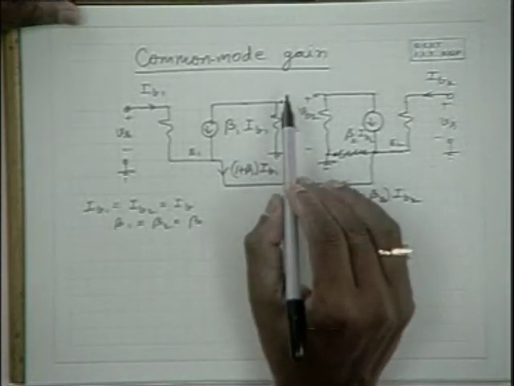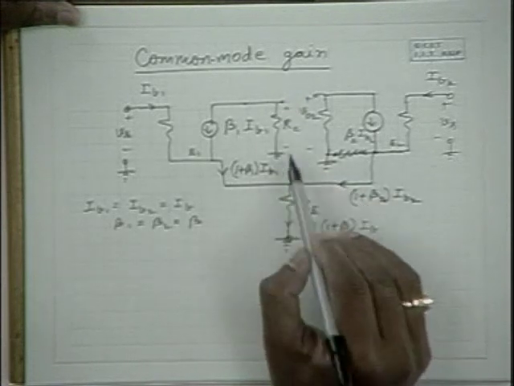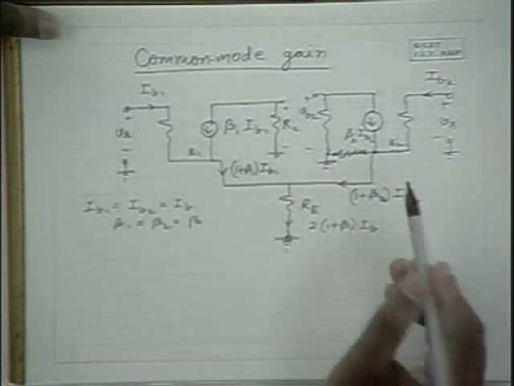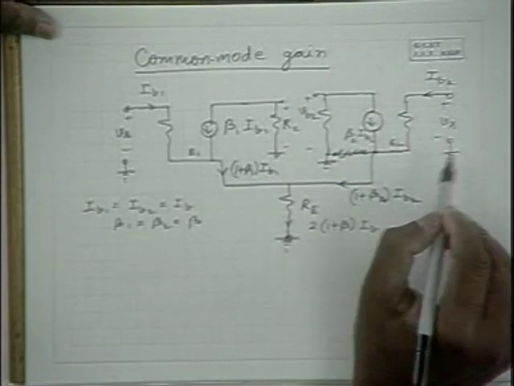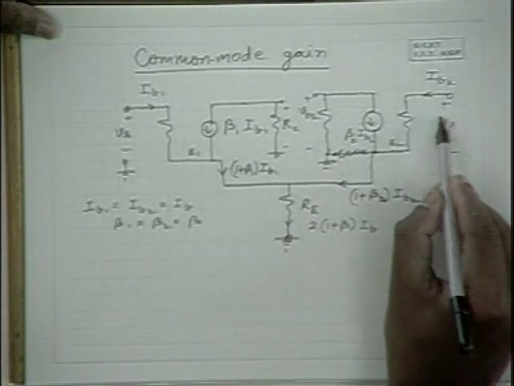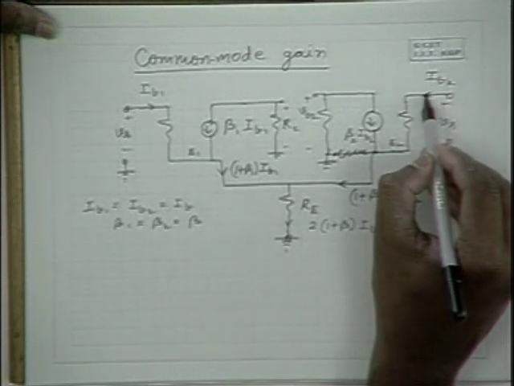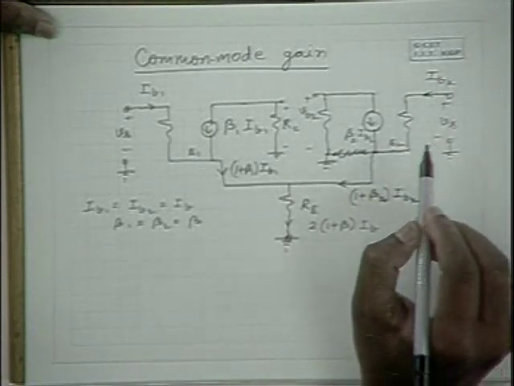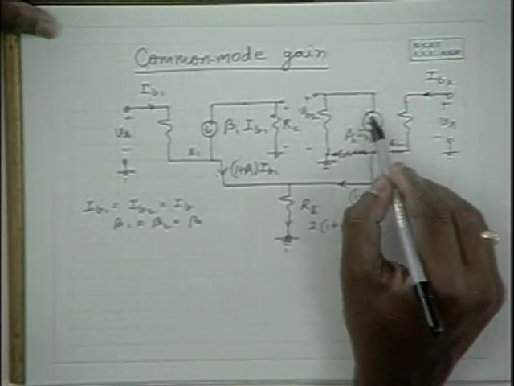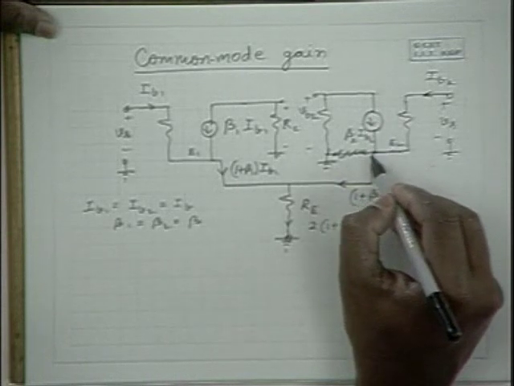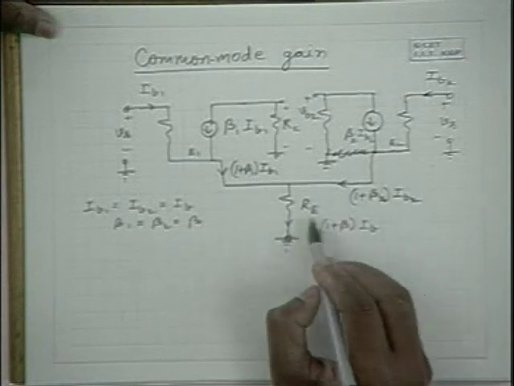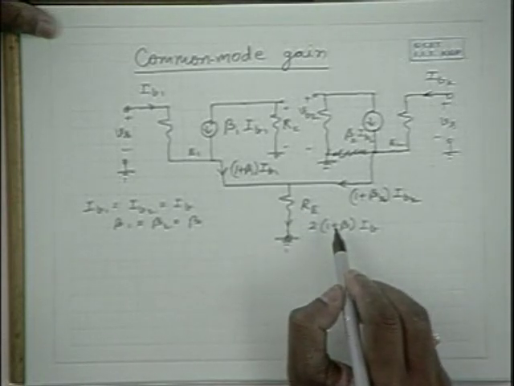Now, we can isolate one stage from the other, or you can keep it as it is, but if you write down the equations on one side, the analysis would be clear. The input signal is Vs, because of which the current that flows is IB, and because of this IB, beta IB flows here, and it is as if this resistance has a value equal to twice Re.